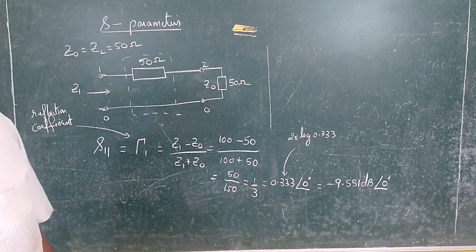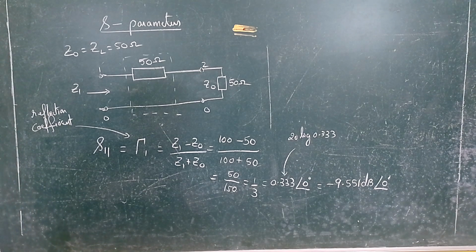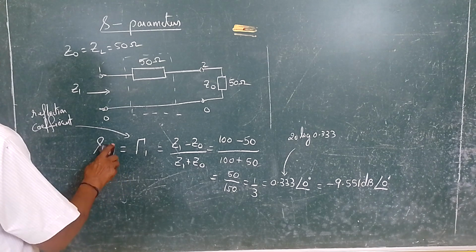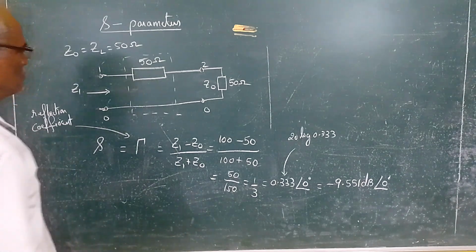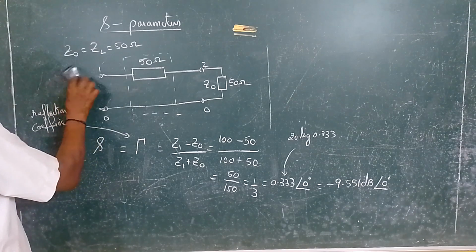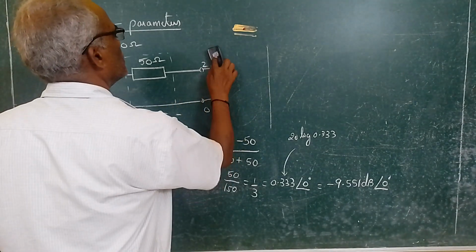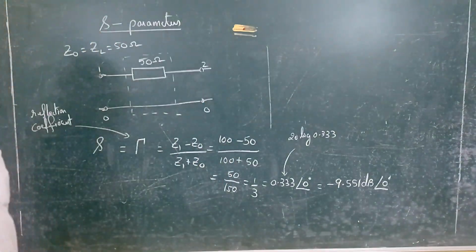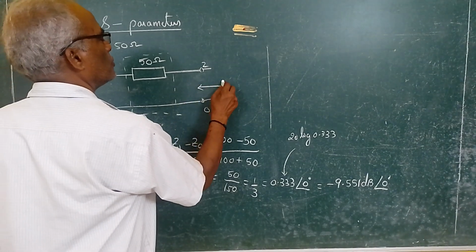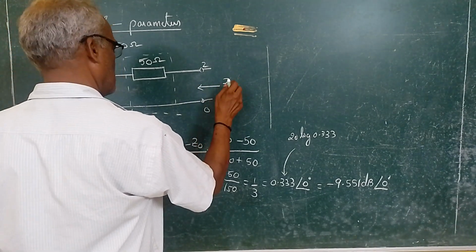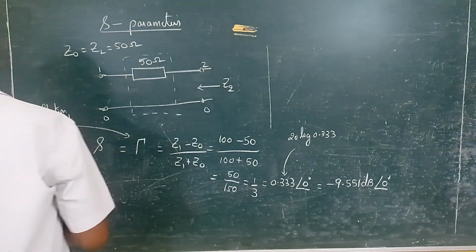Next we have to find out S22. So to find out S22, what you have to do is, from here you are viewing Z2 at port 2. This is Z2.